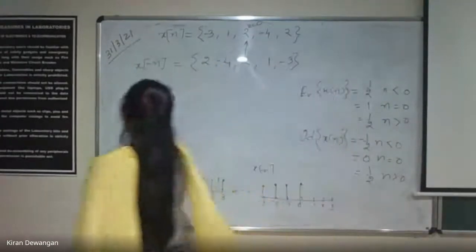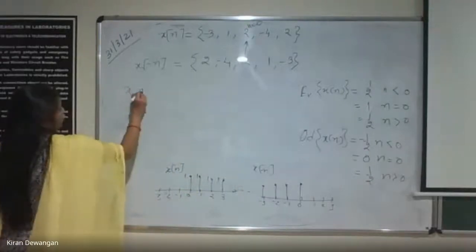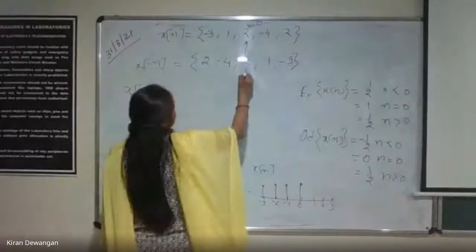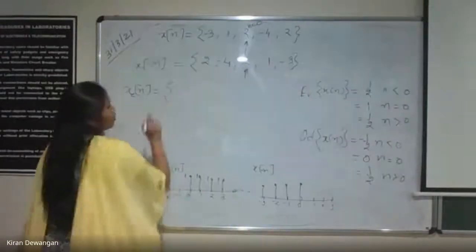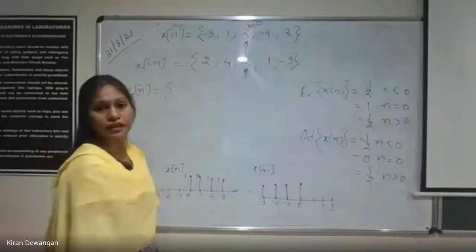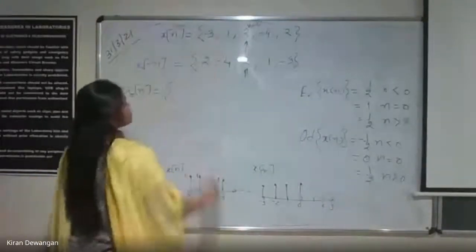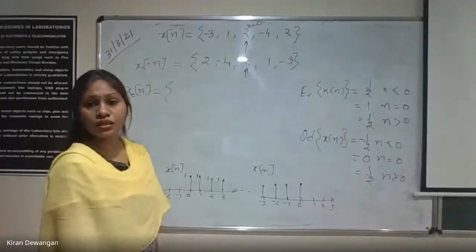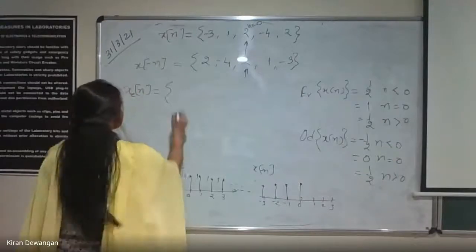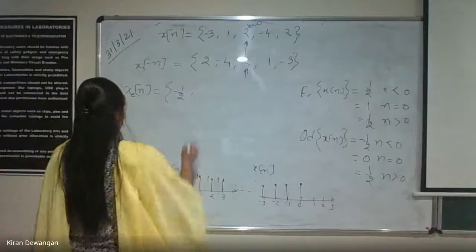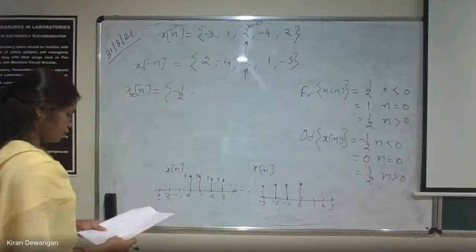Now find out the x e of n, that is the even component, and then the odd component. ठीक है? अब इसको फटाफट ऐड करो और by 2 करके बताओ मुझे. Give me the answer. -3 plus 2 कितना हो जाएगा? -1. So this will be -1/2. ठीक है? Clear?